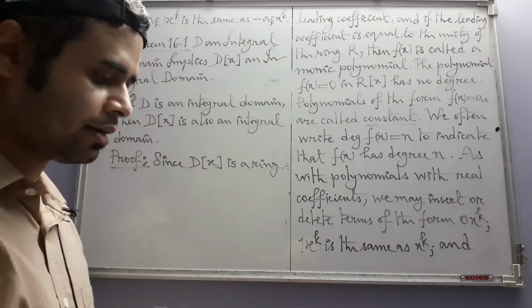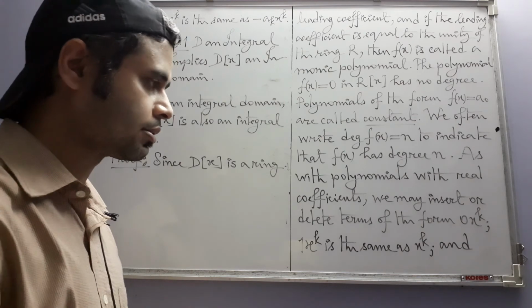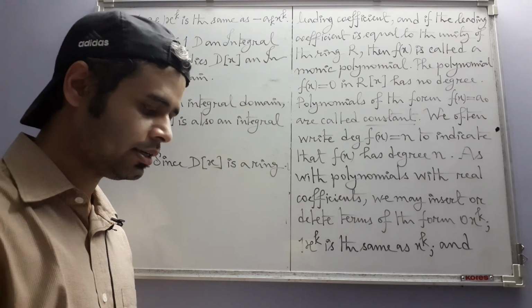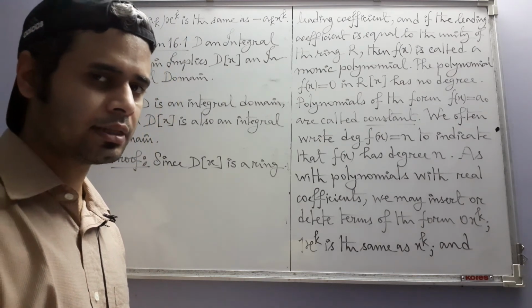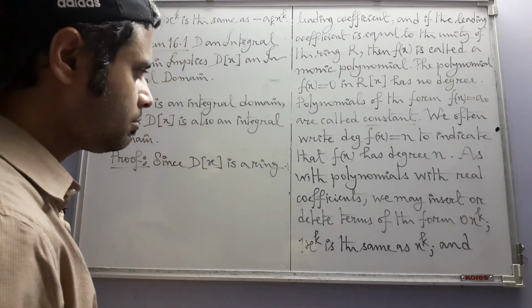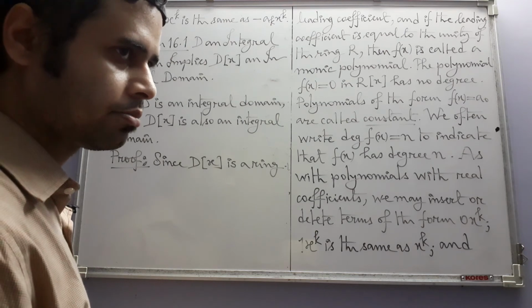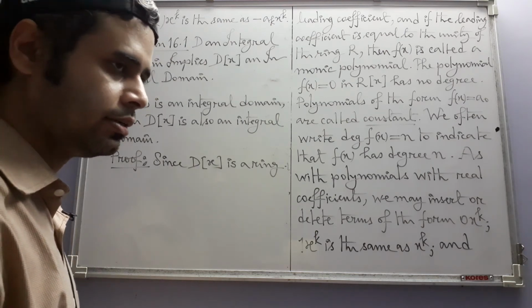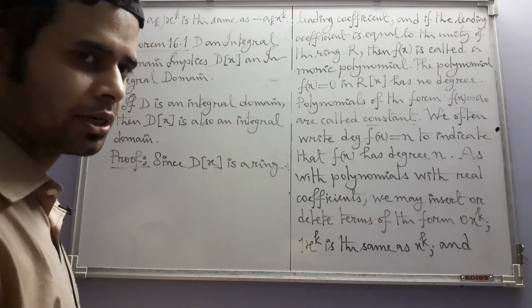We leave the verification that R[x], the polynomial ring, is actually a ring to the reader. This is something very easy to see, that any such polynomial ring is actually a ring under those two operations.